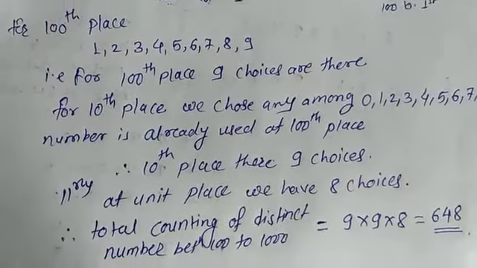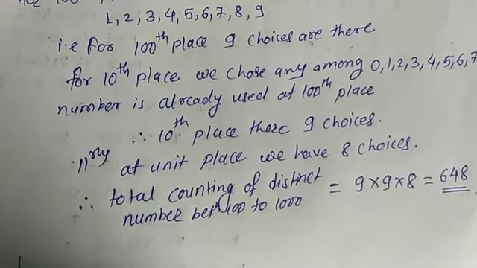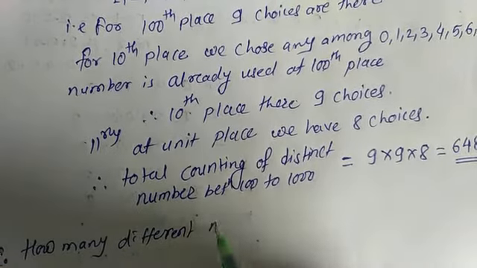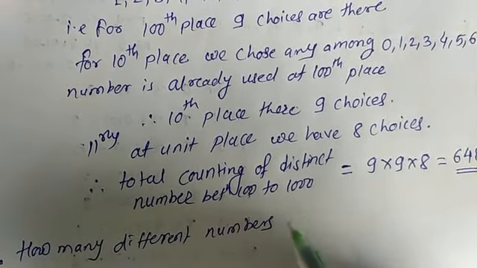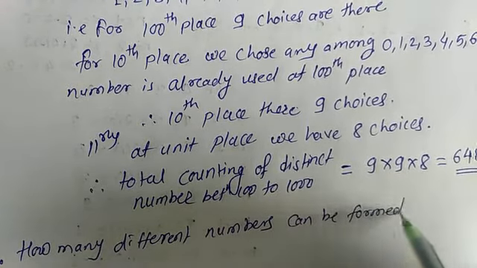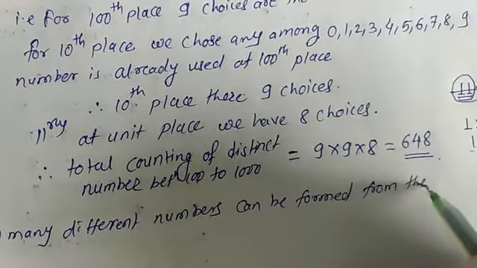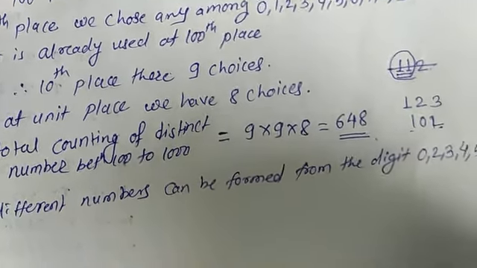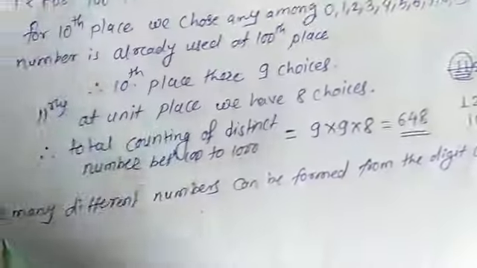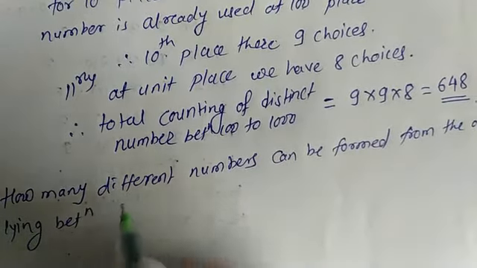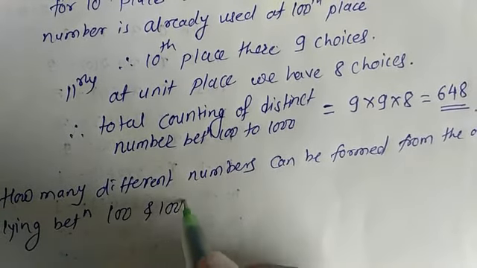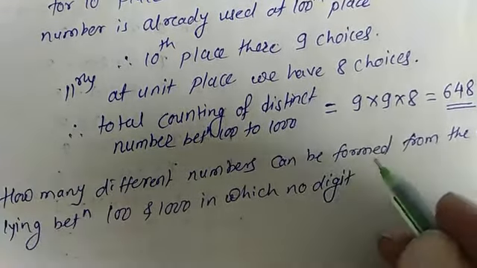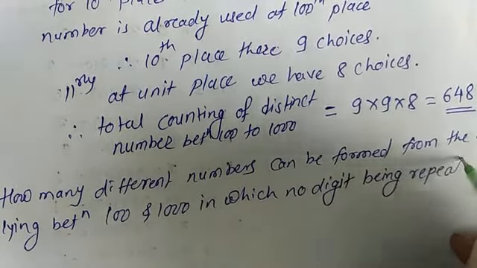Now the next question of the same type. It is given: how many different numbers can be formed from the digits 0, 2, 3, 4, 5, 6 lying between 100 and 1000, in which no digit is repeated?